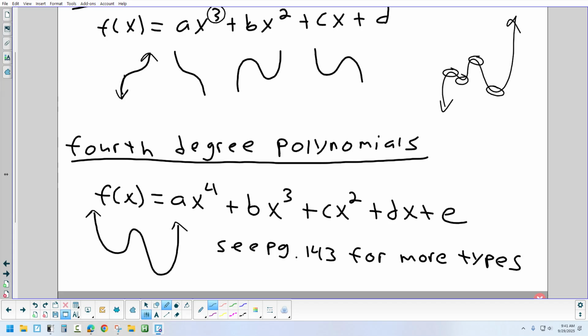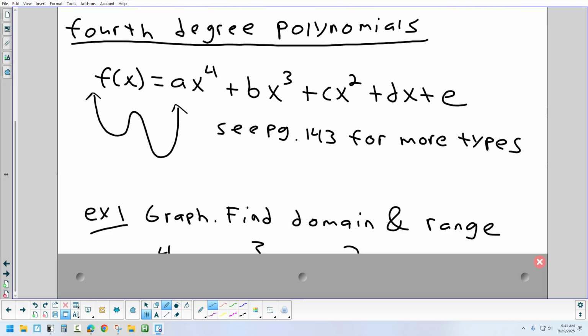Just like a cubic can turn up to 2 times. 1, 2. Doesn't have to turn 2 times, like in this one. It starts to think about turning and then it never does. So if you subtract 1 from the degree, that will tell you how many times it could turn.